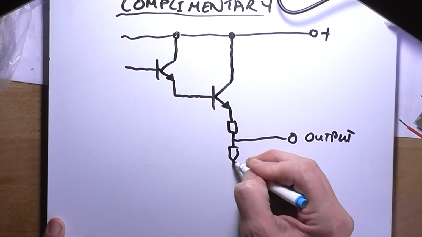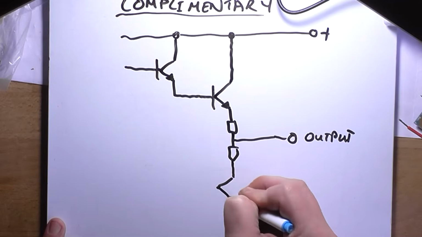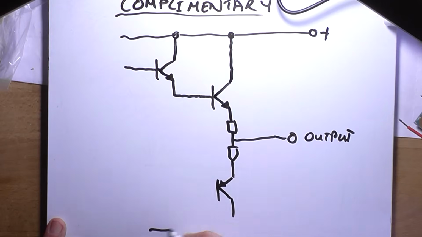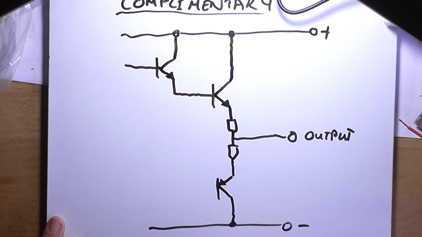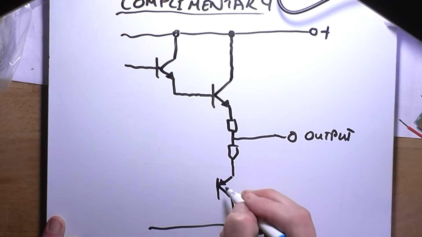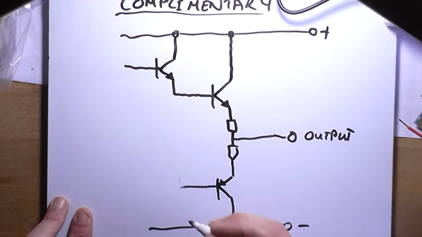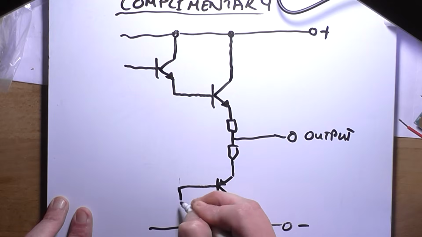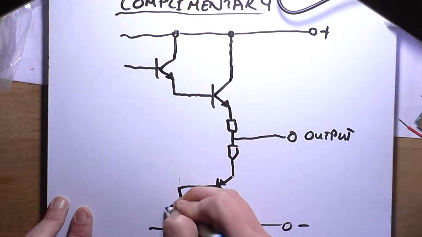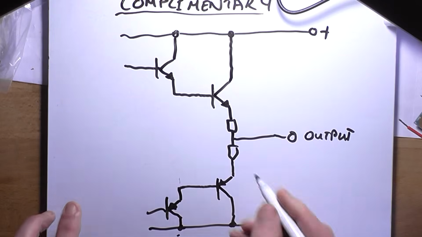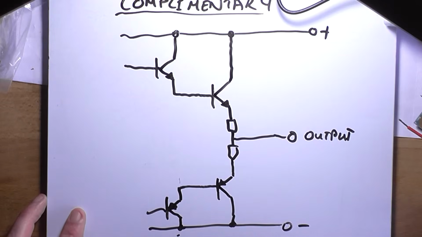And then we go into our PNP output transistor. That's the negative rail or common, depending on whether it's a single supply or a dual supply. That then goes into, let's try that again, we go into our PNP driver, and that's our complementary pair output stage.